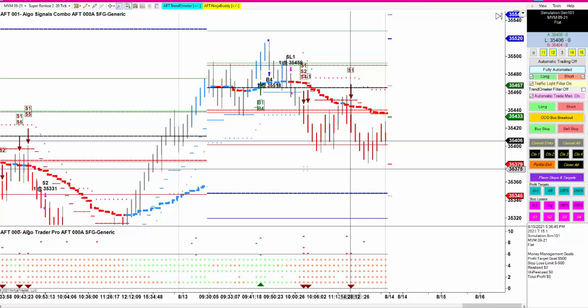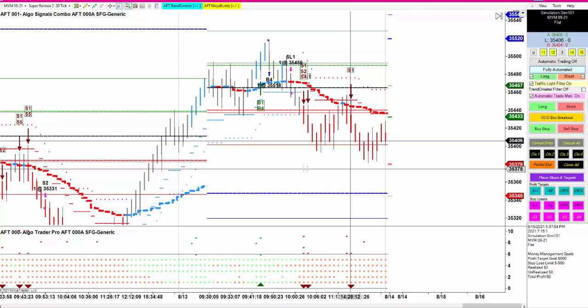So we're not just putting a system on autopilot. We have discretion. We can filter some of these breakouts to the long side or to the downside, filter them out based on what we're seeing and what the market conditions are, or maybe a day where we're completely staying out altogether.